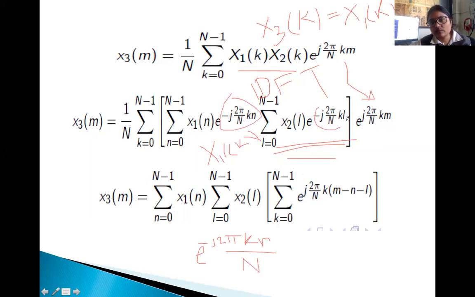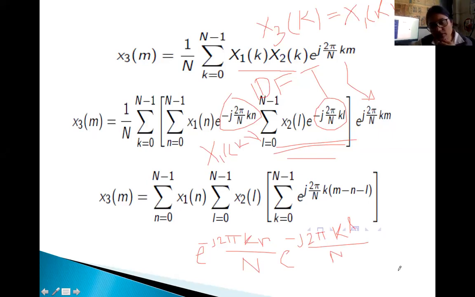Now the second term is here, that is nothing but e raised to minus j 2 pi k L divided by capital N. And the third term is present over here, which is outside of this bracket.